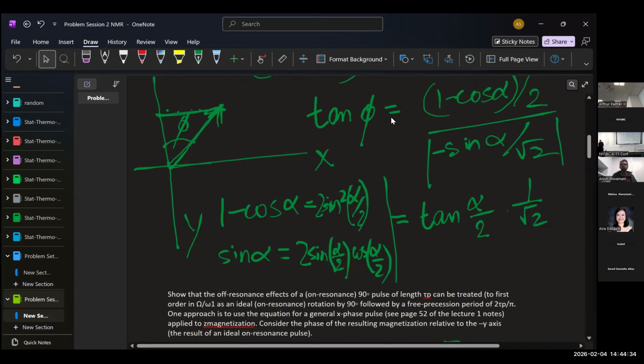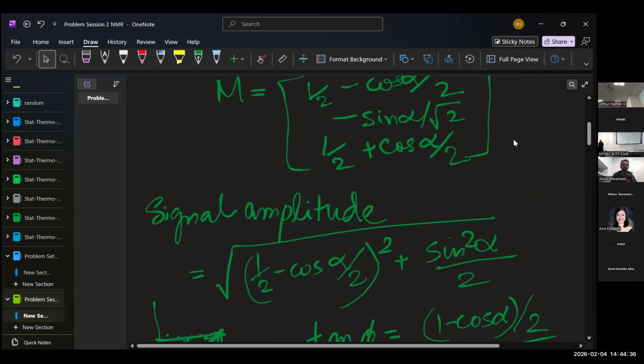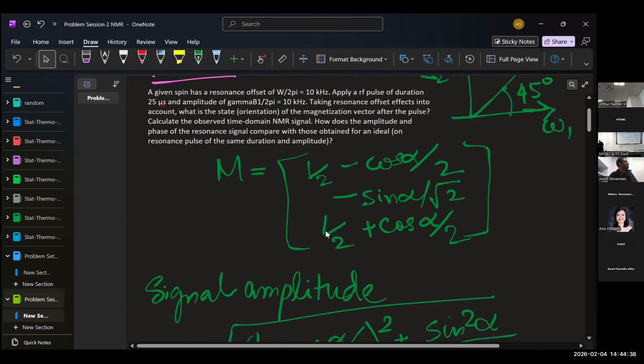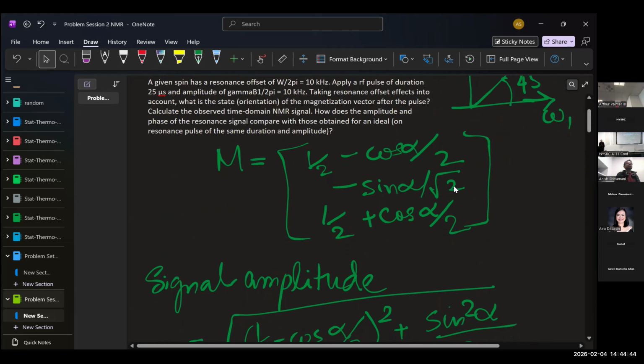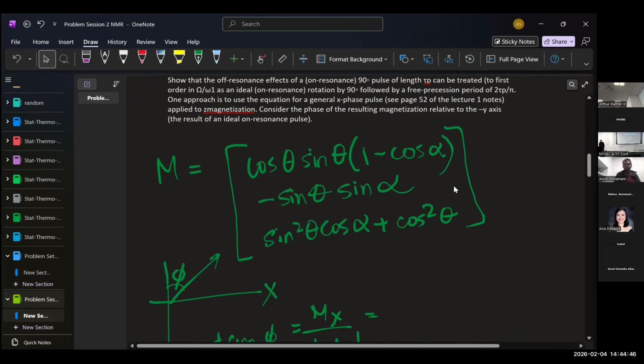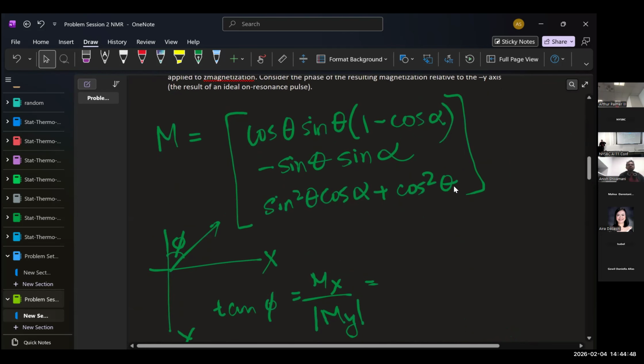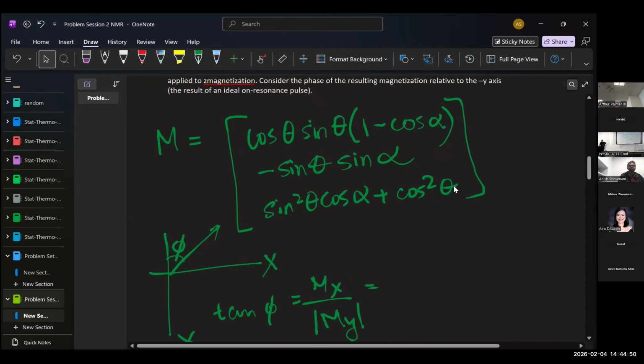If you just put in 45 degrees, you would get the result that you saw here in this calculation. What is theta for on resonance? If we were on resonance, what would theta be? Pardon? 90 degrees.